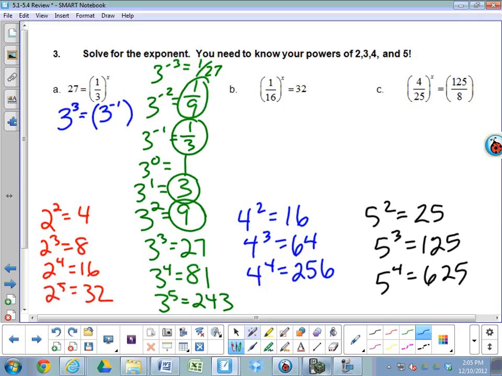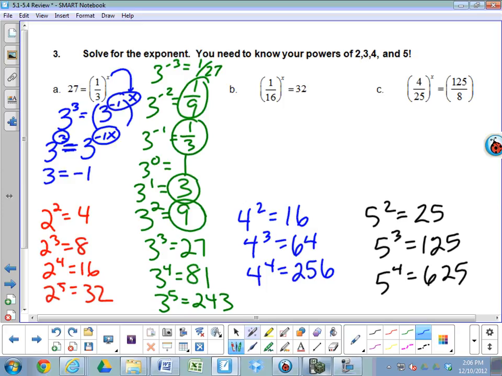What's still out here? The x. We're really close. What can we do with an exponent to another exponent? Multiply them. When you have the bases matching and you have an equation, you know what you could say about their exponents?